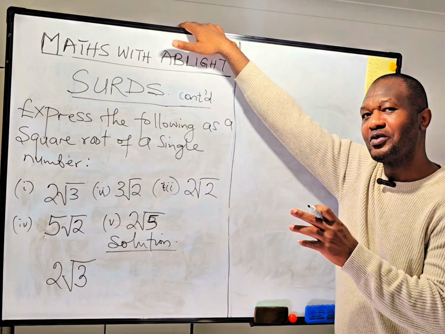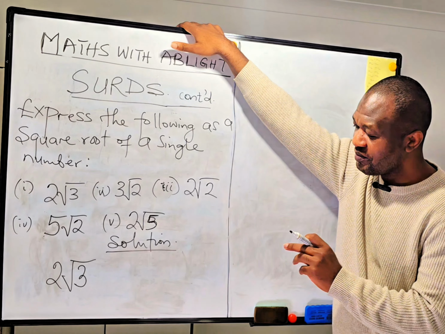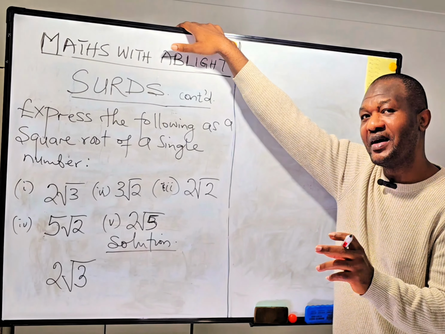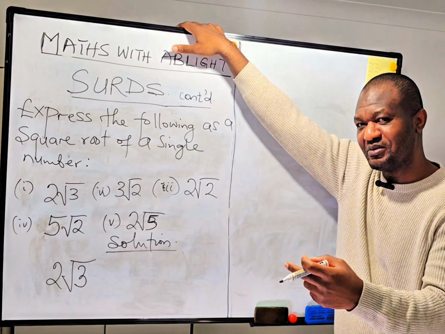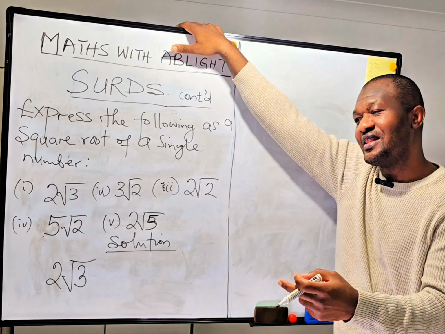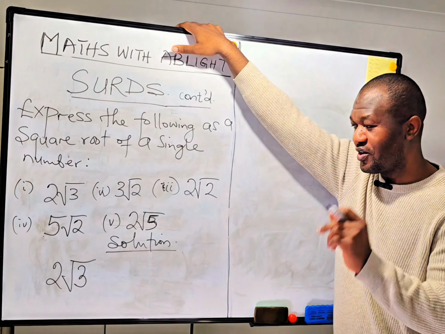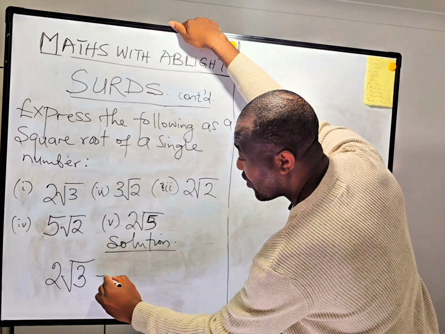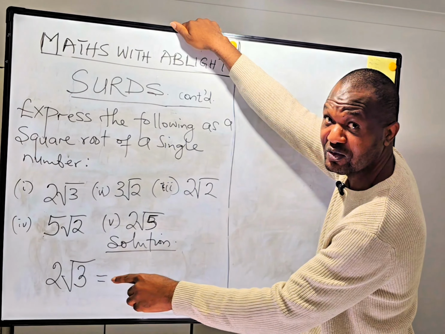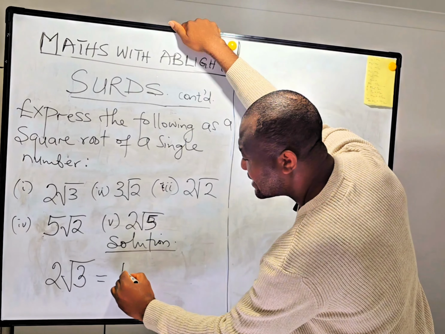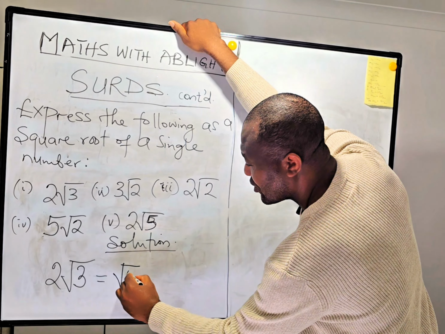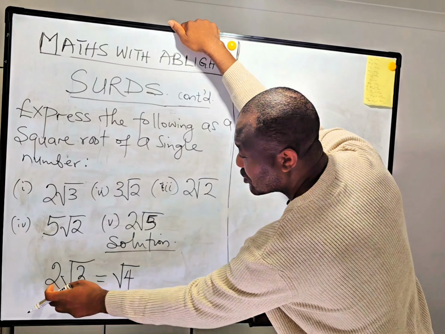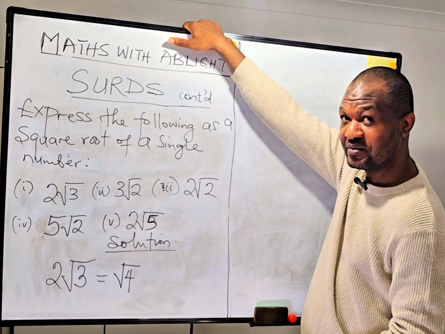Square root is different from square. The square of a number is when that number multiplies itself, the answer it gives is the square of that number. So what is the square of 2? It is 4, because when you multiply 2 by 2, you get 4. It means that square root of 4 is what gave you 2 initially.